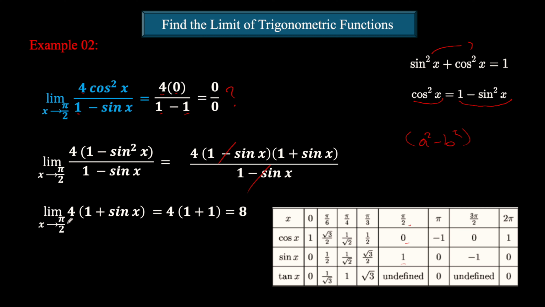So find the limit as x approaches π over 2 for 4 multiplied by 1 plus sine x. We'll substitute x by π over 2, and we'll get 4 multiplied by 1 plus 1. This is equal to 8. Okay, so the limit as x approaches π over 2 for this equation is equal to 8.